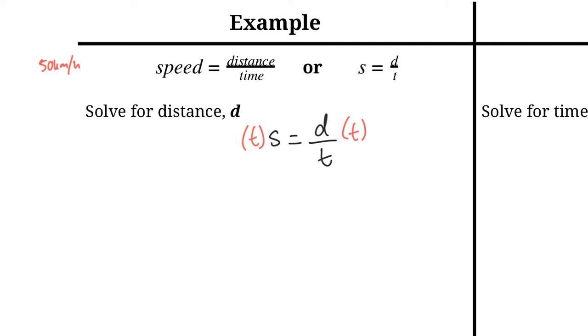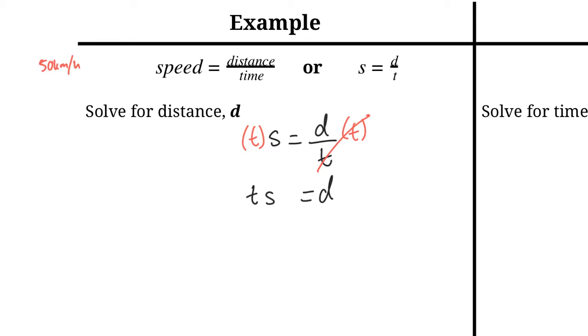We're just using our same solving equation rules as if we're using real numbers here. We've gotten rid of t on this side, and that means that d is just equal to t times s. So d is on its own now, it's been isolated.